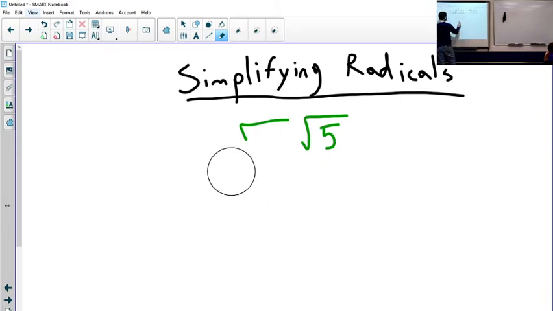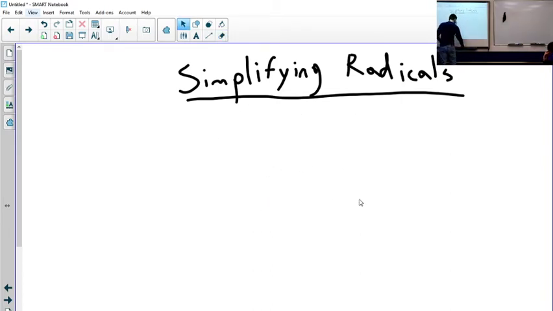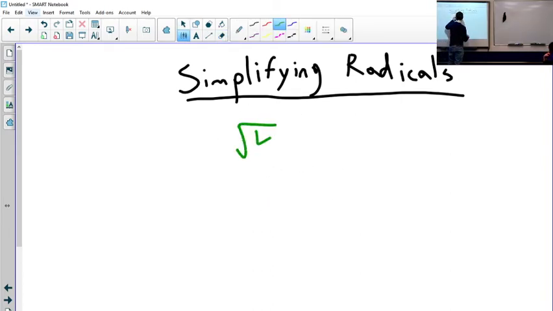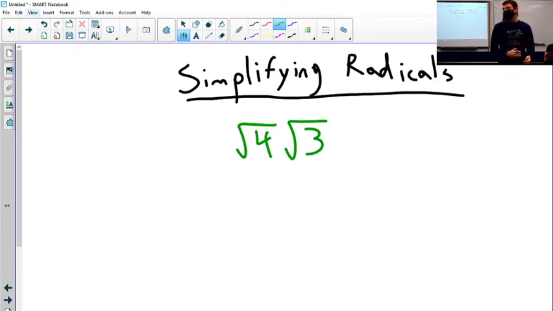Let's take a different one. Square root of 4 times square root of 3. Now, this time, if the square root can be simplified, it will be able to be simplified.